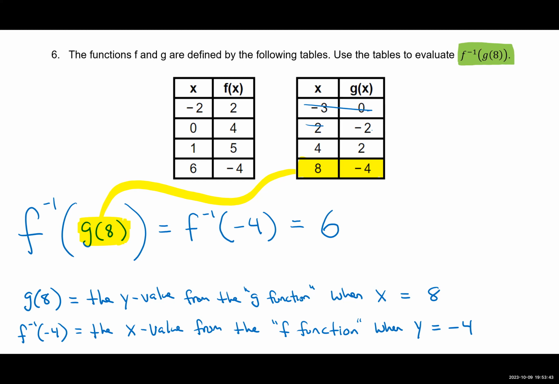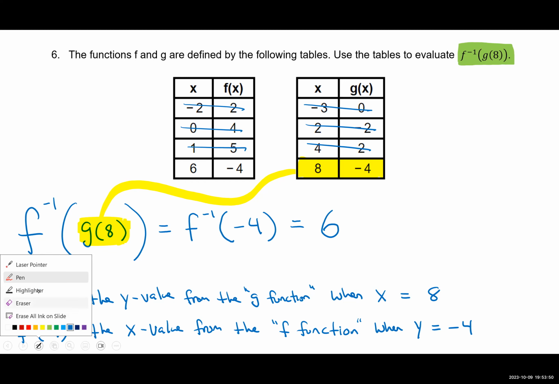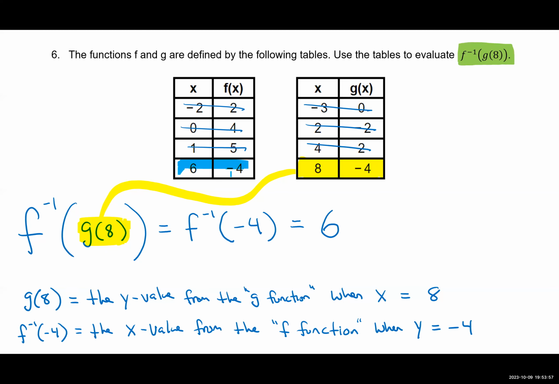We don't need the other points. F inverse of -4 means start with -4 for the y value. What is x? In this case, x is 6.